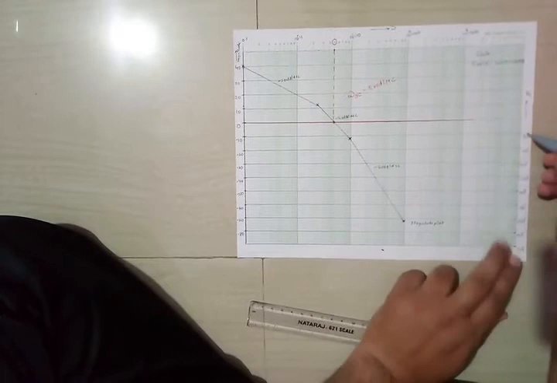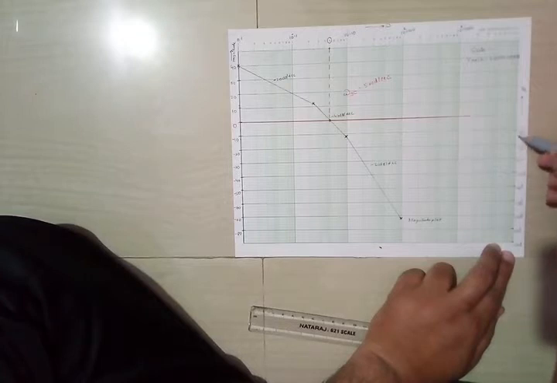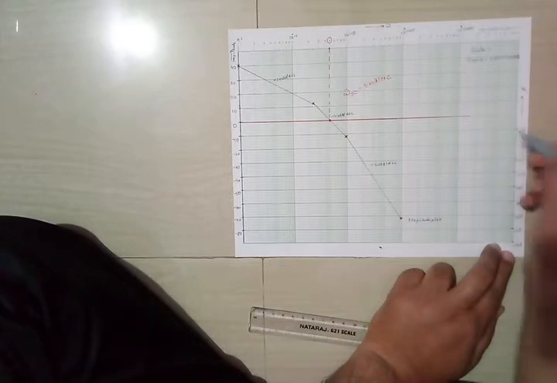If we observe, one division here indicates 20 degrees. In one big division we have 5 small divisions or 5 small lines. So if one big division indicates 20 degrees, one line indicates 20 divided by 5, because we have 5 lines here, 1, 2, 3, 4, 5. So 20 divided by 5 gives us 4 degrees.